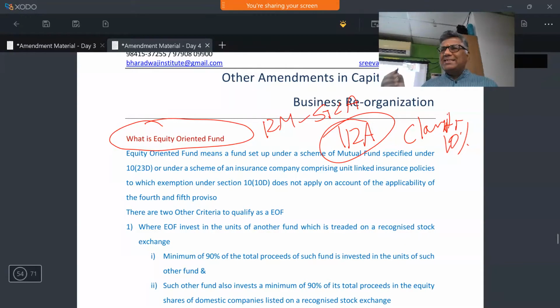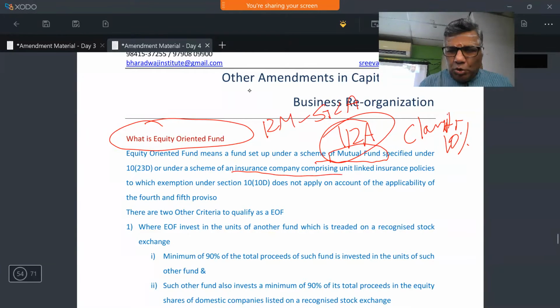What is this equity oriented fund? Equity oriented fund means a fund set up under a mutual fund scheme which is exempt, which is coming under 10(23D), or under a scheme of a unit linked insurance plan where the second, fourth, and fifth provisos apply.